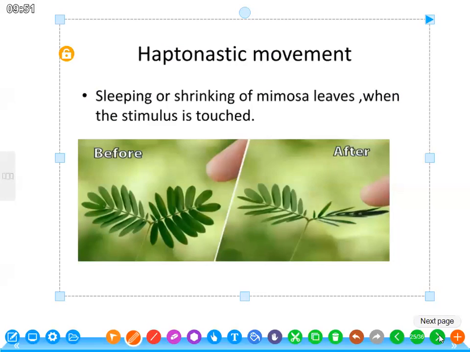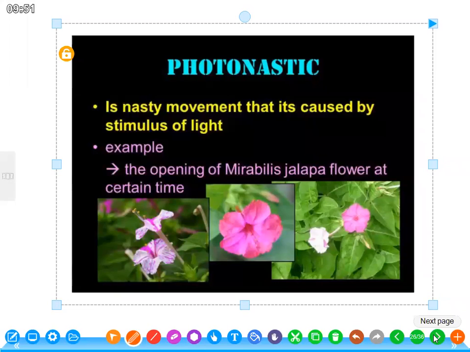Haptonastic movement: here the sleeping of mimosa leaves occurs when the stimulus is touch. Then photonastic movement is caused by the stimulus of light. Here you can observe the picture.